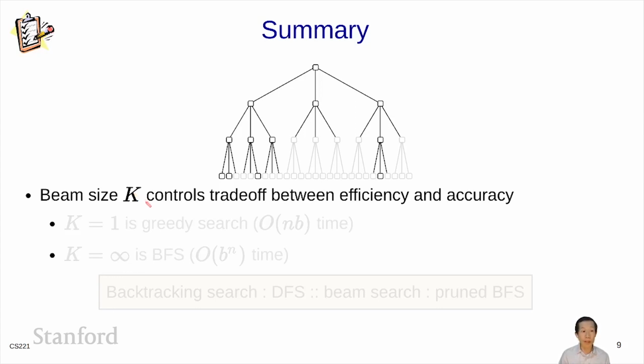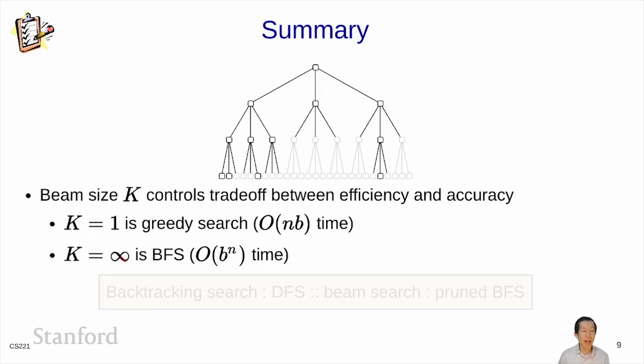If you're really in a hurry, you set k equals 1, you just get greedy search, which sometimes actually gets you pretty good answers. And as you increase k more and more, if you increase k to infinity, then you'll definitely search the entire search tree and you will get the optimal answer. But this is basically exponential time.